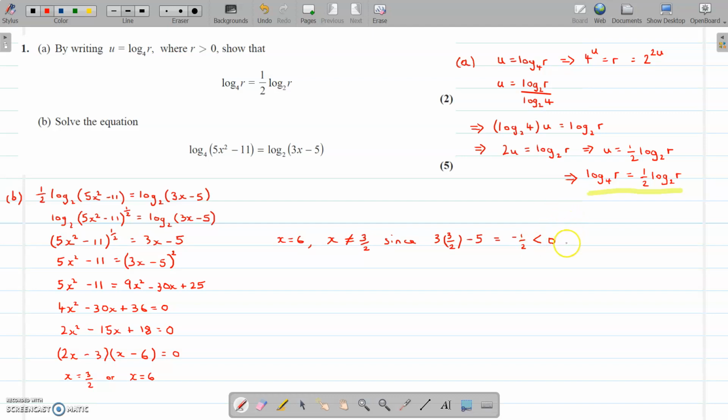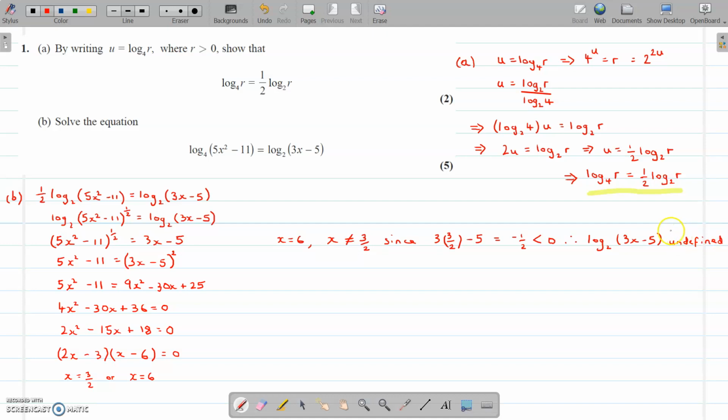Therefore, log to base 2, or log of any base, of 3x minus 5 is undefined. Okay, it's not a number that we can evaluate.